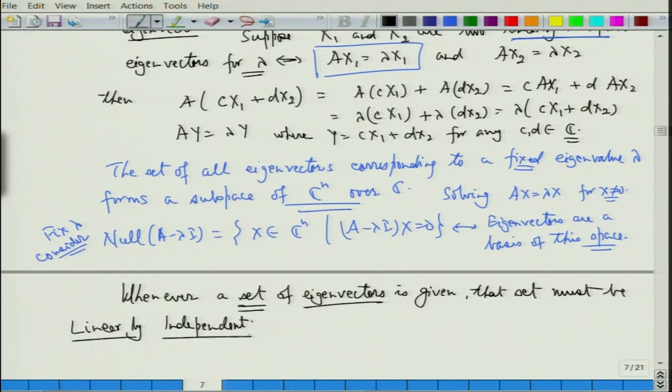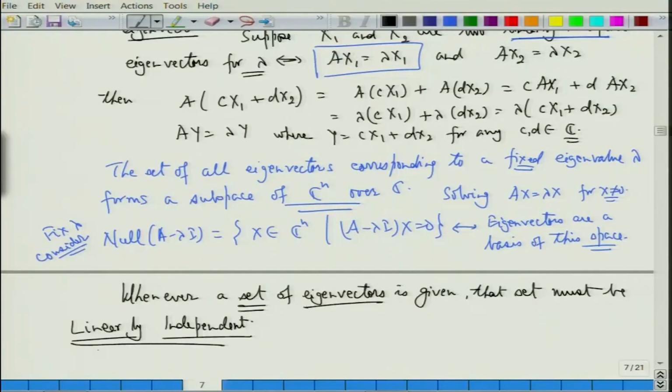If you give a set which you say is linearly dependent, and at the same time say it is a set of eigenvectors, then the two things do not make sense. That is a statement which is vacuous. So linear dependence and eigenvectors do not go together.